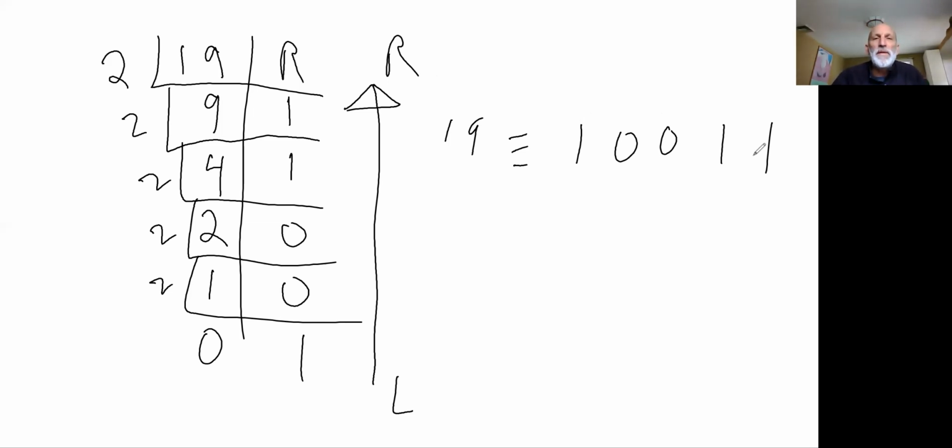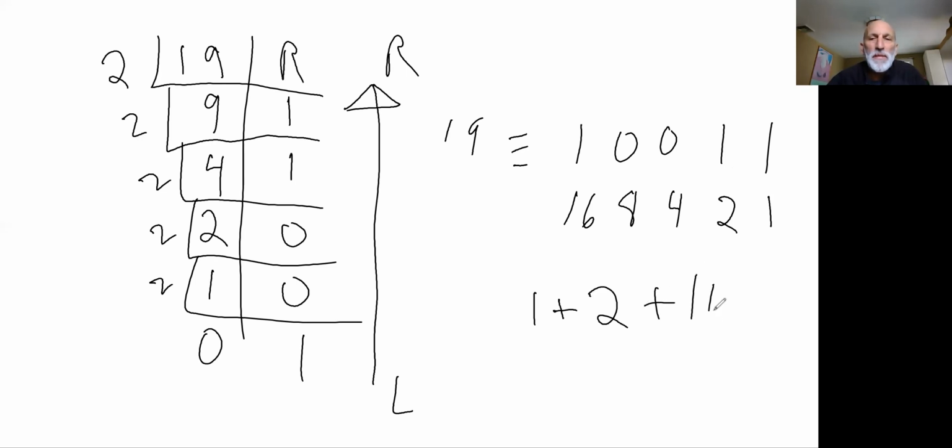And to check that, or to go from binary to base 10 or decimal, we look at all the place values. Remember, the place values are 1, 2, 4, 8, and 16. If you look at where there's a 1, there's a 1 in the 1's place. There's a 1 in the 2's place. No 4s, no 8s, but you do have a 16.